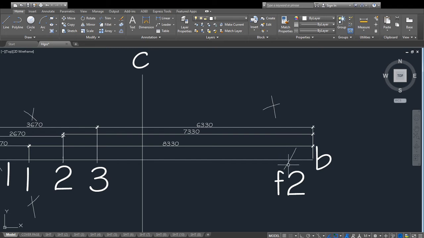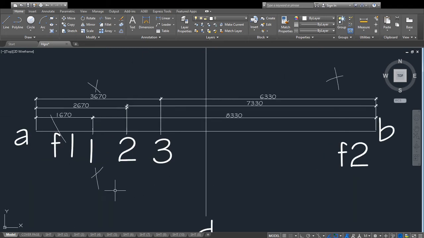Okay, we have this above and also below, please. Above and below.